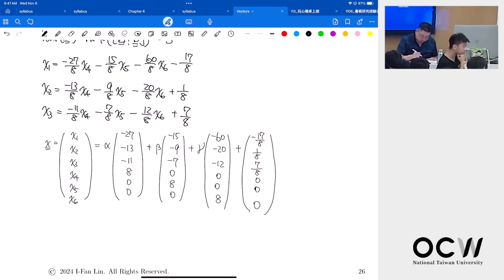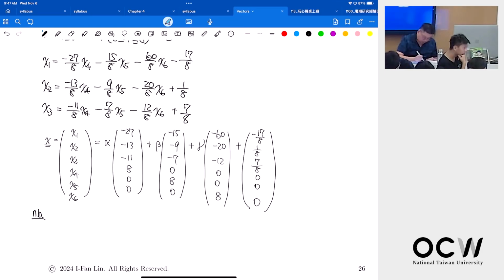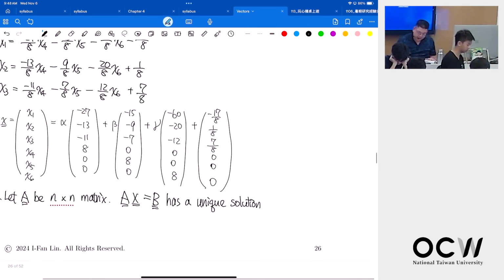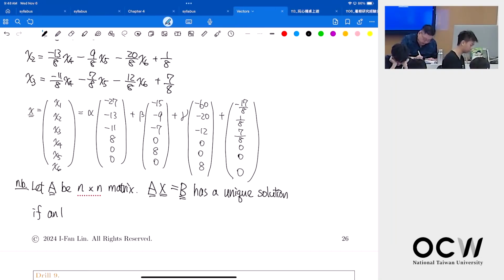All right, so here's a note. I have a matrix A which is n by n. Then AX equals B. This system has a unique solution if and only if the reduced matrix of A is an identity matrix of n by n.